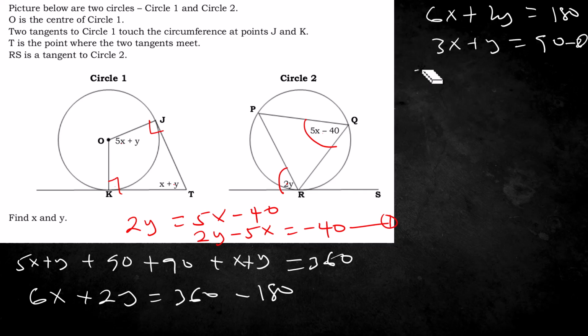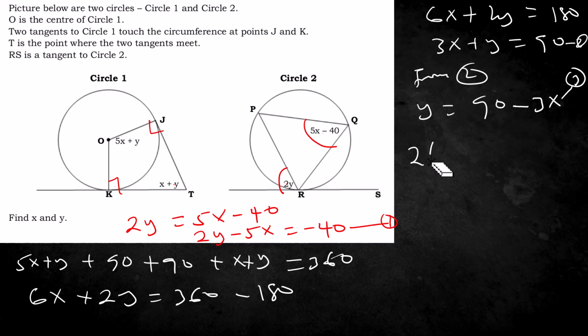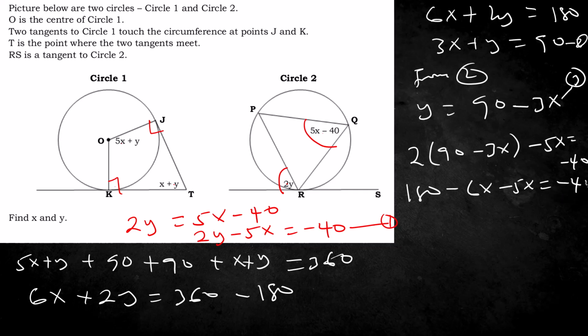Now from equation 2, y is the same as 90 minus 3x. Let's call it the third equation. Putting 3 in 1: 2 times y, but y is 90 minus 3x, minus 5x equals minus 40. We have 180 minus 6x minus 5x equals minus 40.